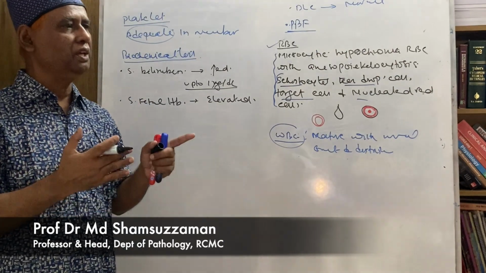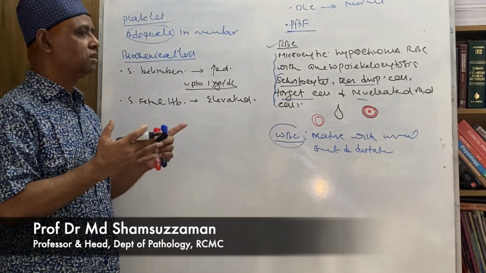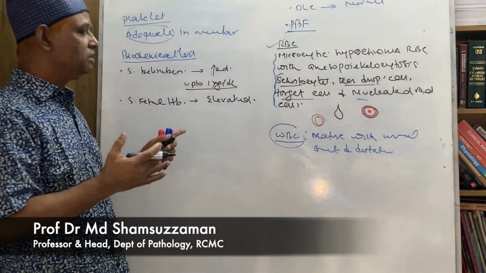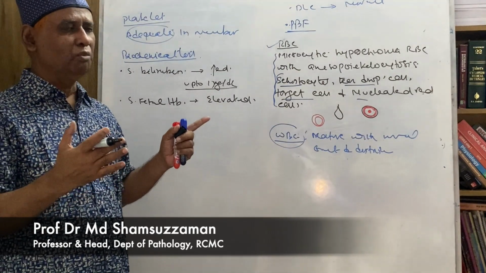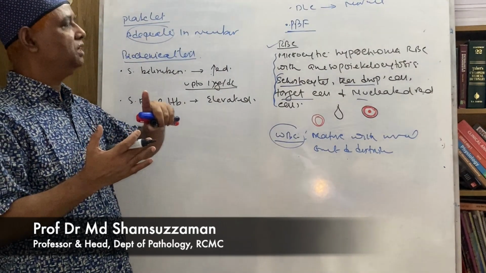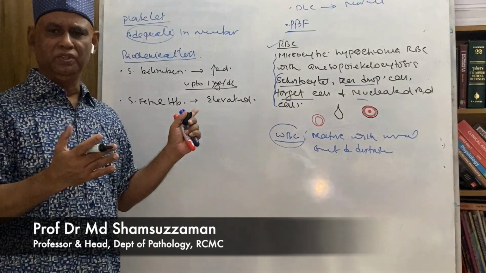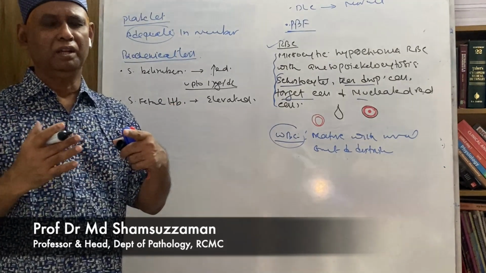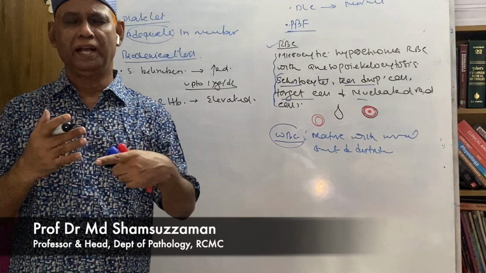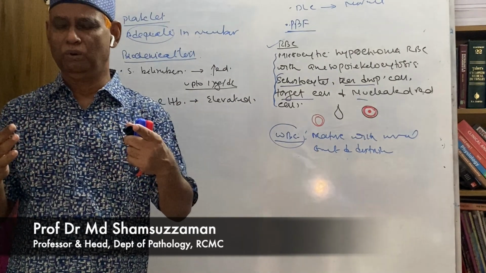And if you see the oxyhemoglobin dissociation curve, the baby having more and more fetal hemoglobin, the curve is shifted to the left. What does it mean? It means the fetal hemoglobin has more affinity for oxygen.